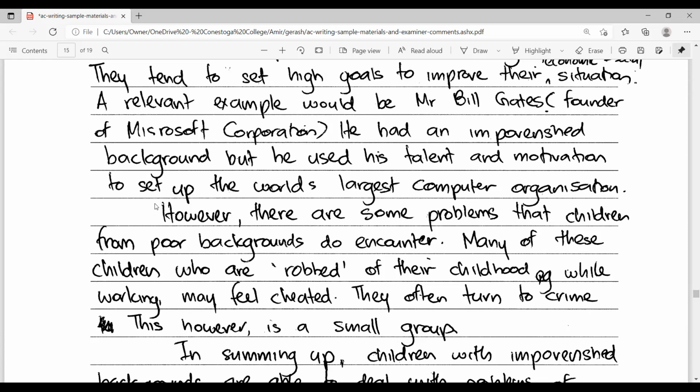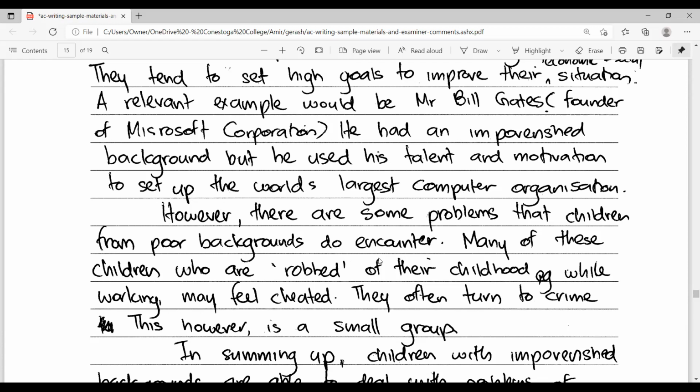However, using "however" is important because in the three paragraphs prior to this paragraph, all of them were supposed to agree. But this one, "however," which is a very important cohesive device, is a sign of opposite opinion. "There are some problems that children from poor backgrounds do encounter."